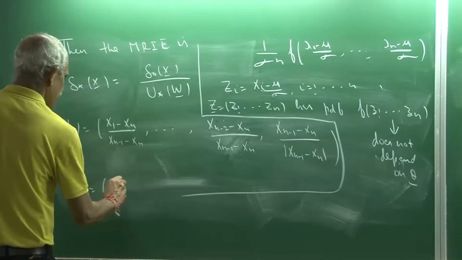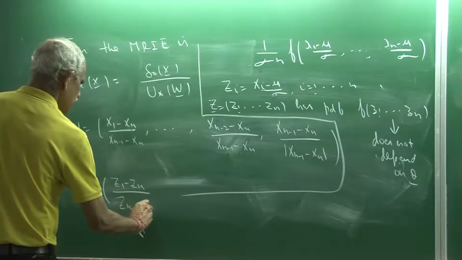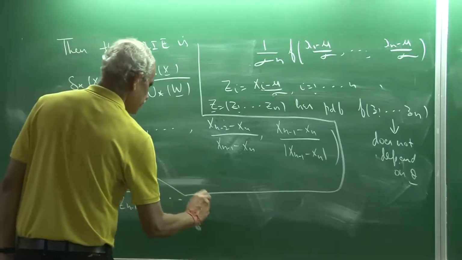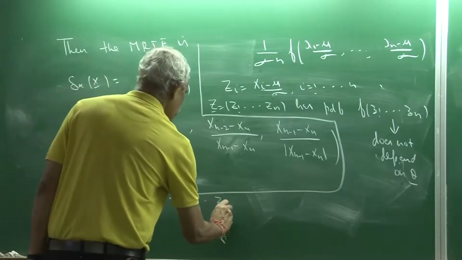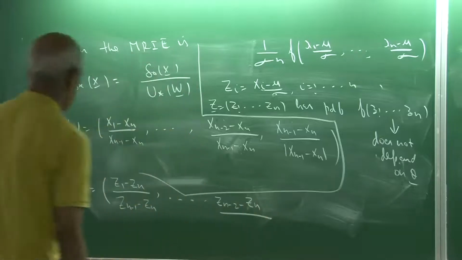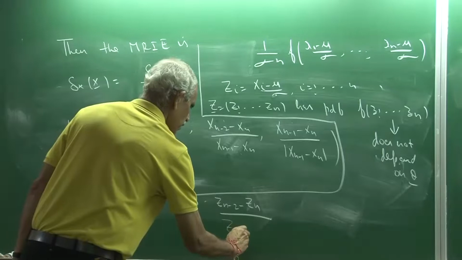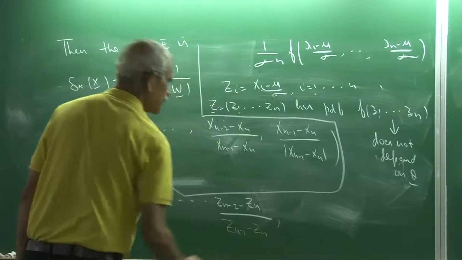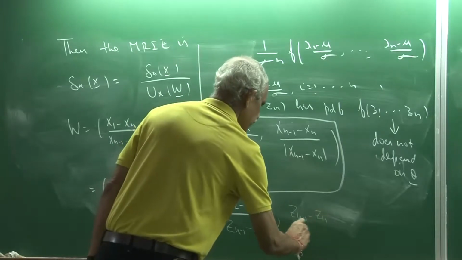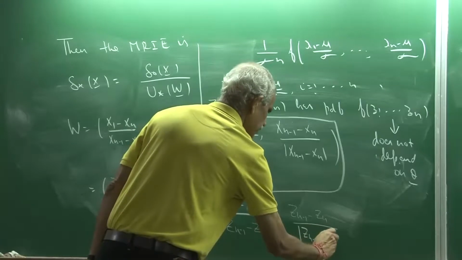So this would be nothing but (z1 minus zn) upon (zn minus 1 minus zn), (zn minus 2 minus zn) divided by (zn minus 1 minus zn), and then (zn minus 1 minus zn) upon mod of (zn minus 1 minus zn).